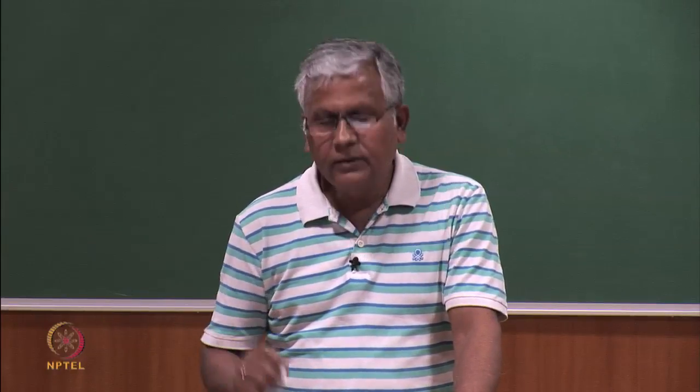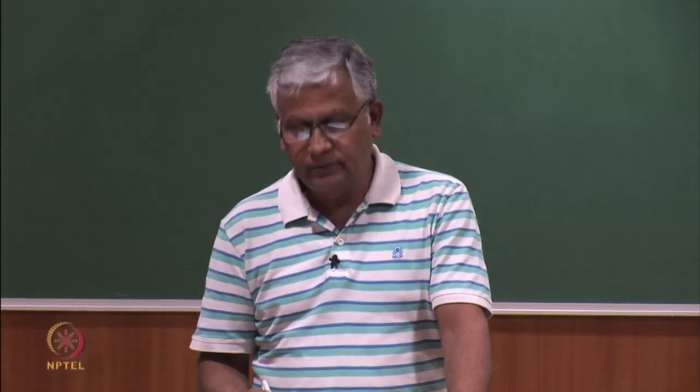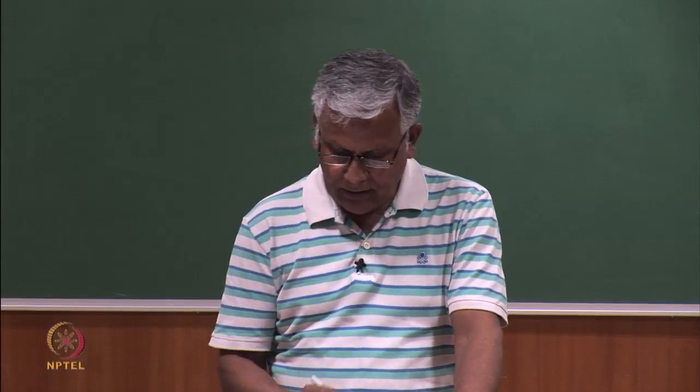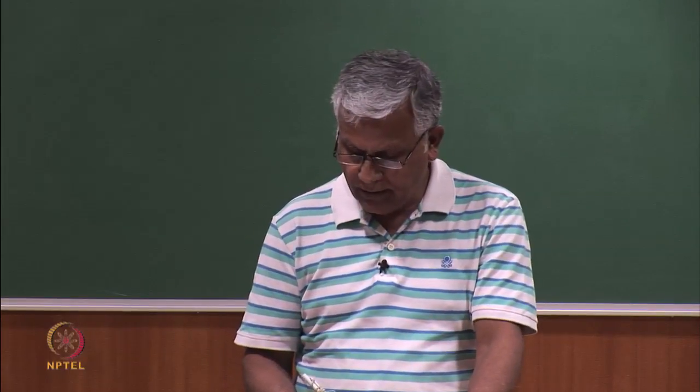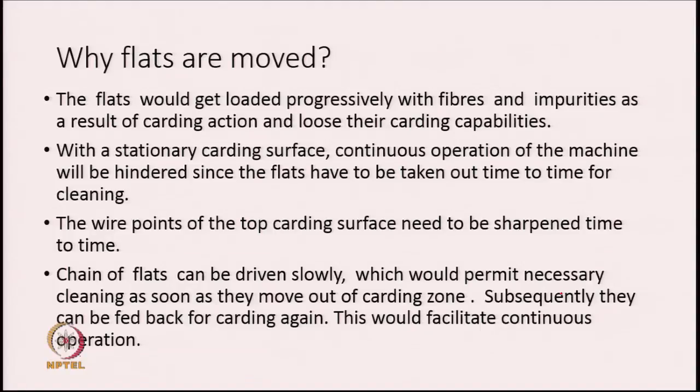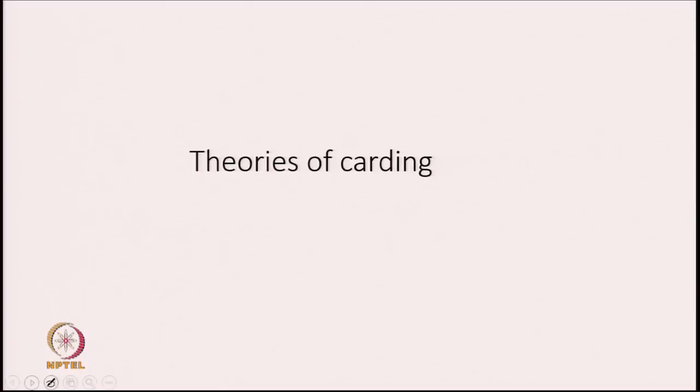So, once the flats are cleaned, they may be fed back to the carding zone again, and the flats can participate in carding actions. So, therefore, what we need is movement of the flats.